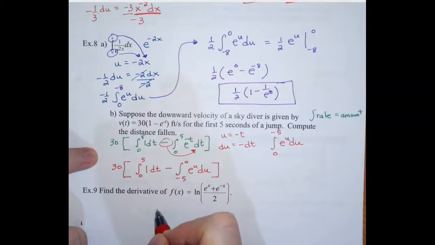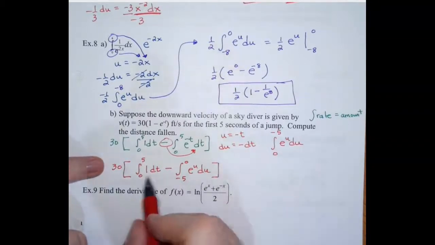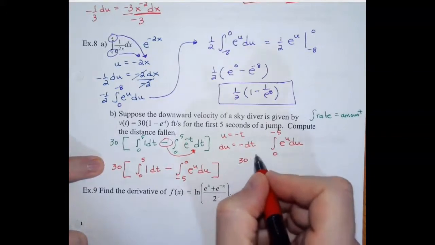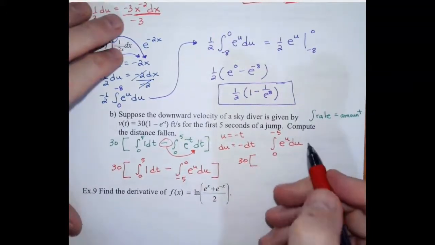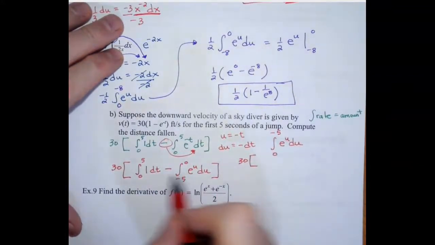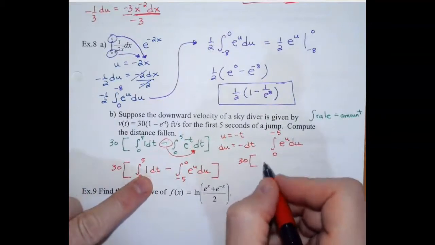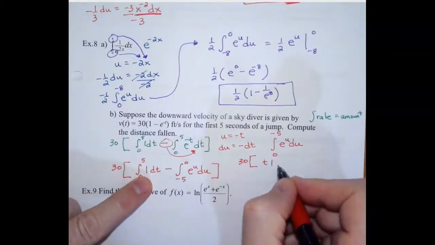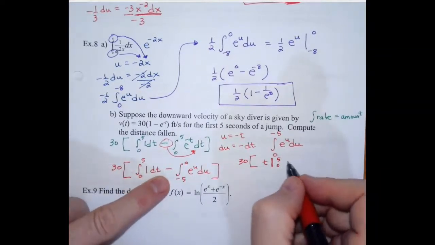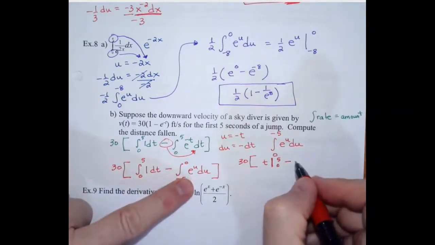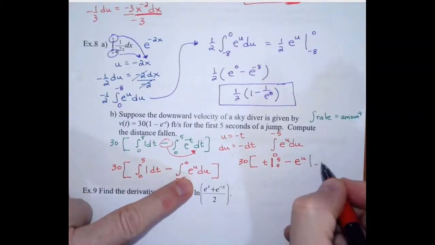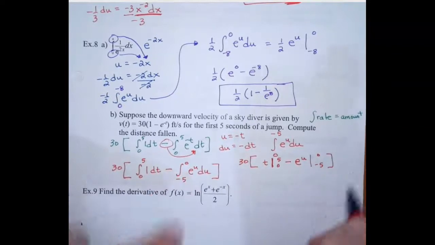Okay. So if we look at that, I'm running out of room here, but we've got 30. And so we went across there, and now we're going across here, kind of jumping up here. So this is going to be t from 0 to 5 minus, and this is going to be e to the u from negative 5 to 0.